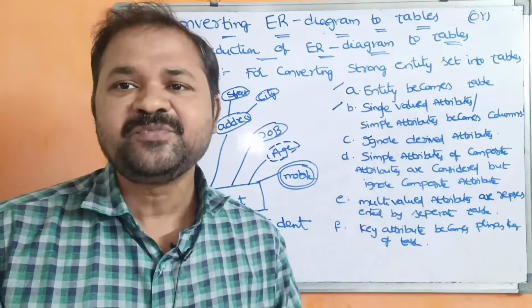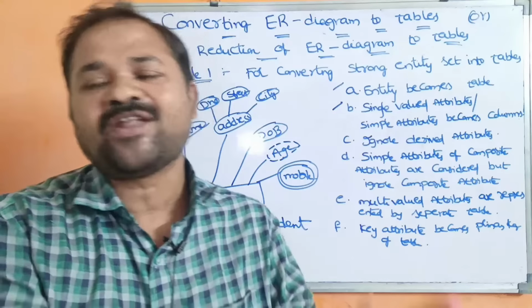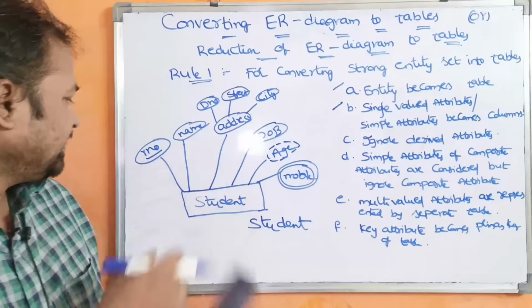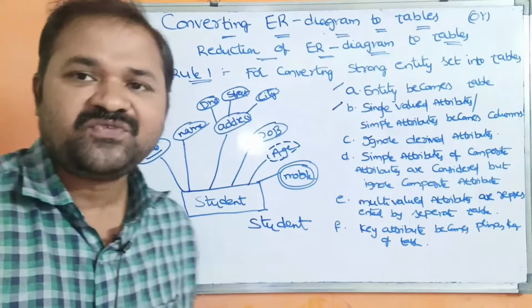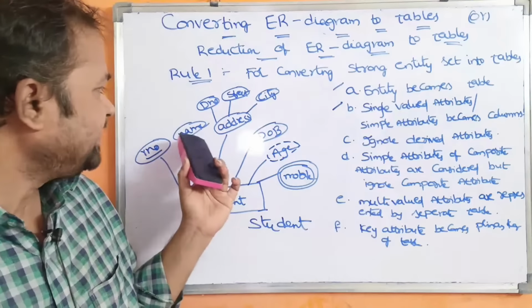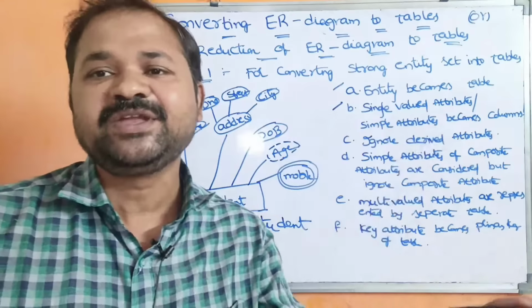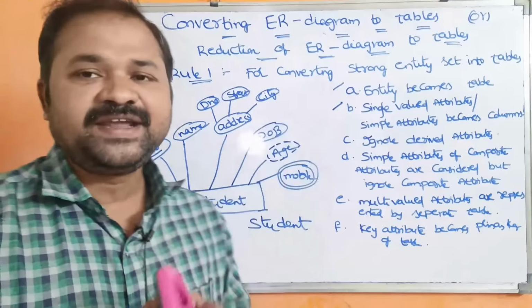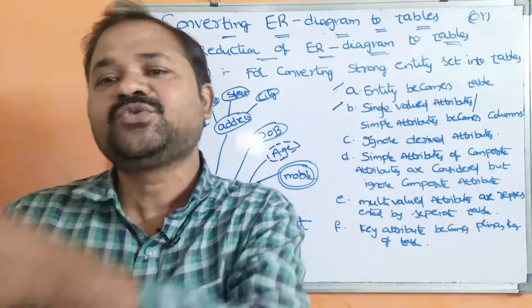A simple attribute means that the attribute cannot be divided further. So that is atomic. If you take roll number, we can't divide it further. If you take name, we can't divide that name further. If you take date of birth, we can't divide it further.